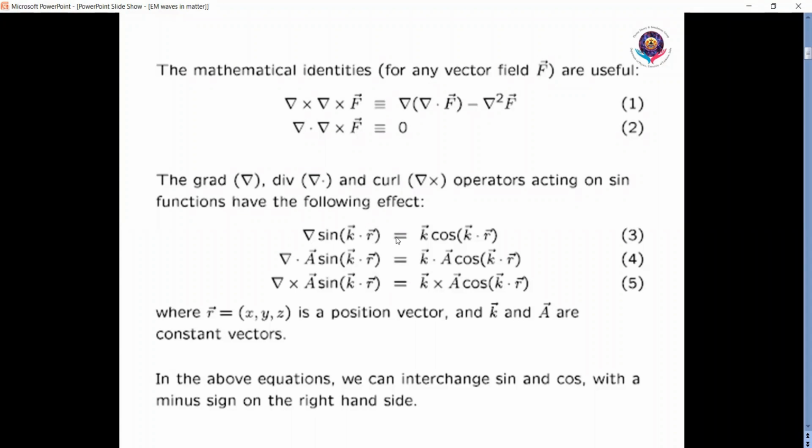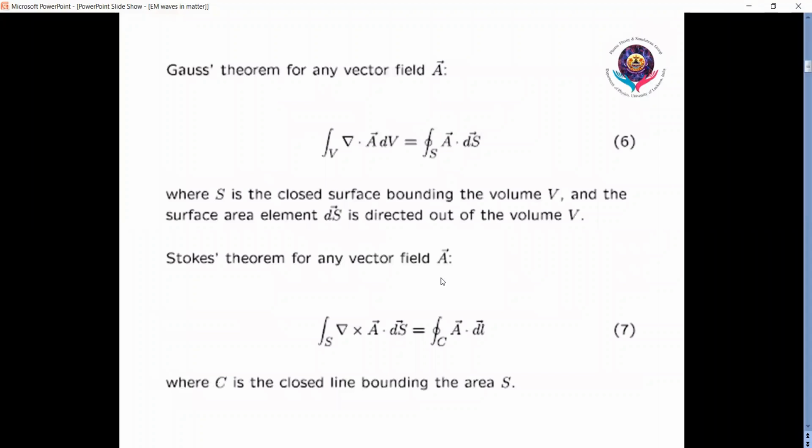Similarly, we do have identities with the sine and cosine functions, but they will not be used in this chapter, so I am skipping them. Next is the Gauss theorem. This is a relation between a volume integral and a surface integral.